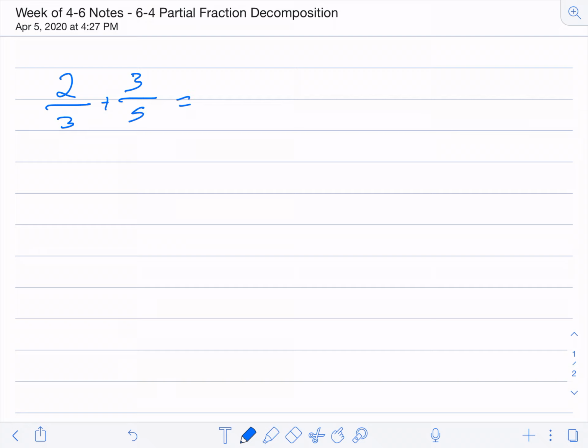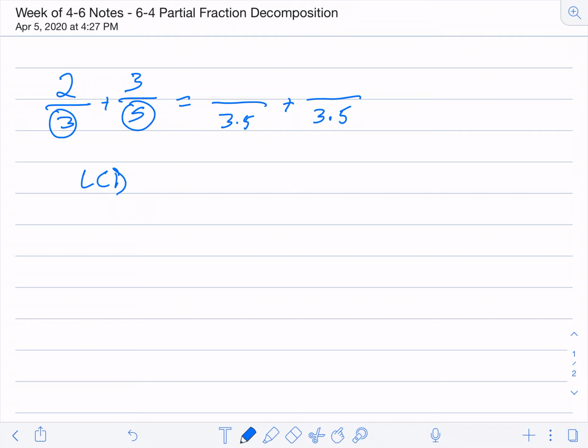Well, you have to find what's called the LCD, the least common denominator. You would take the factors of the denominators and come up with a denominator that represented all the factors, but in the least possible form. So the factors of 3 and 5 together are going to be 3 times 5. So it's 15, but I'm just going to write it as 3 times 5 right now.